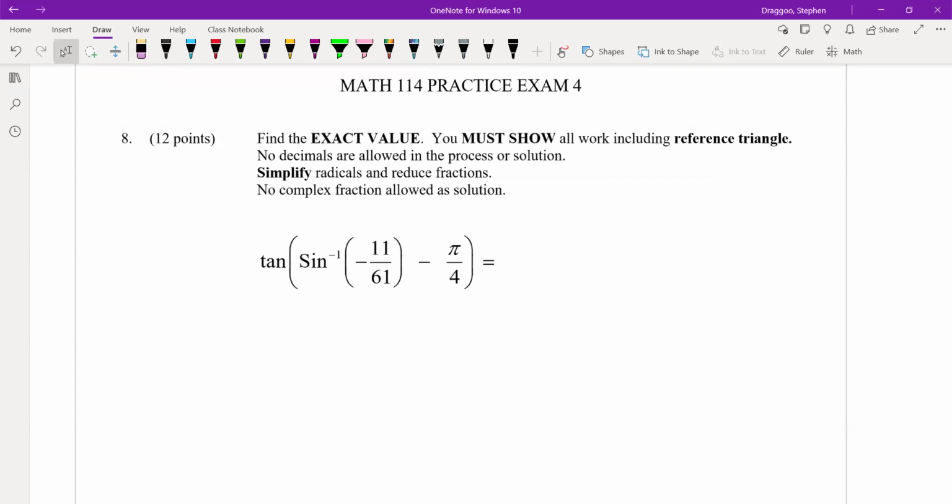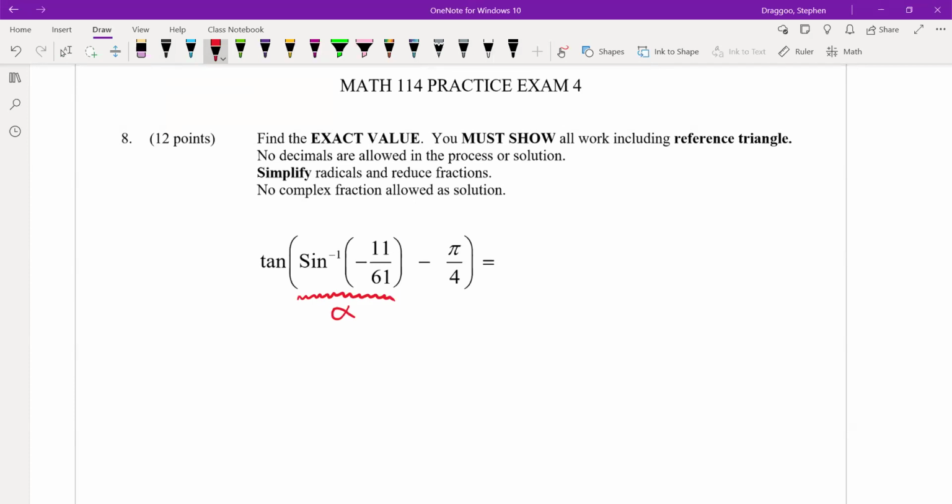All right, so let's solve this one out. Finding the exact value of this tangent expression. It looks like a difference formula for tangent. So I might start by noting that I'm going to be taking the sine inverse of some number, but the result of that is an angle.